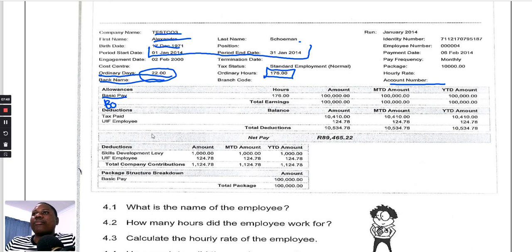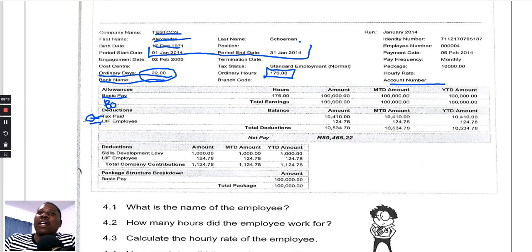Right, so if we check again, we can see that the deductions related to him are the tax and the UIF. Remember, this one is the main reason I came here. More details will come when I do the lesson about taxation, how to calculate the income tax.